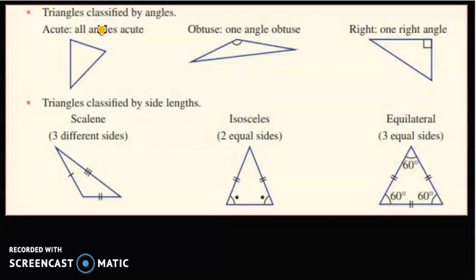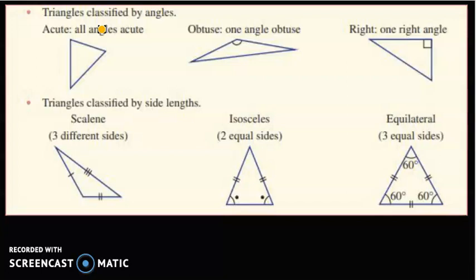Obtuse. Obtuse is greater than 90 but less than 180. If in any triangle one of the angles is greater than 90 and less than 180, we call it an obtuse angle triangle.